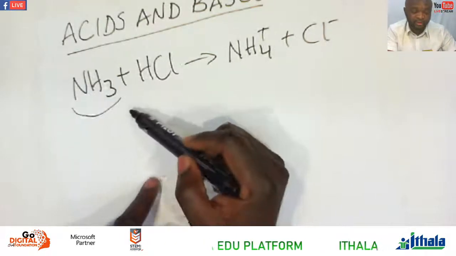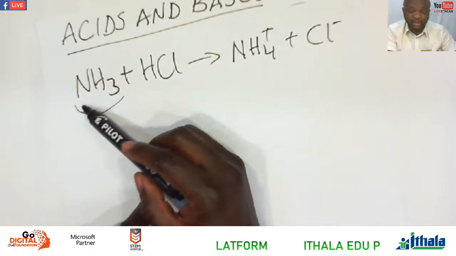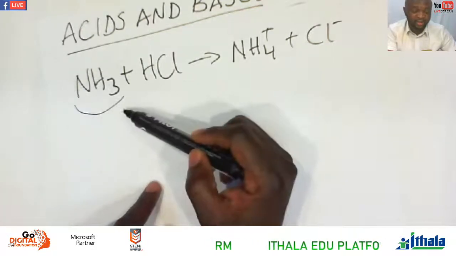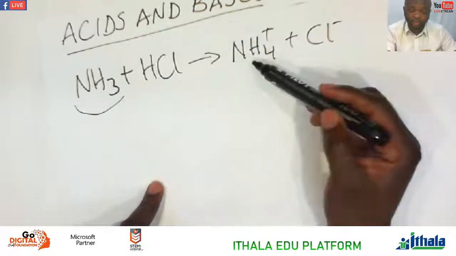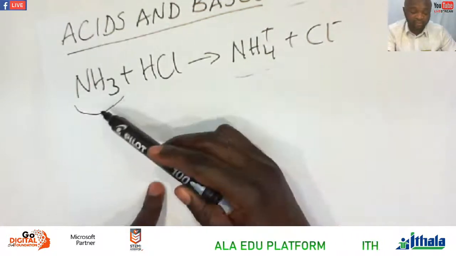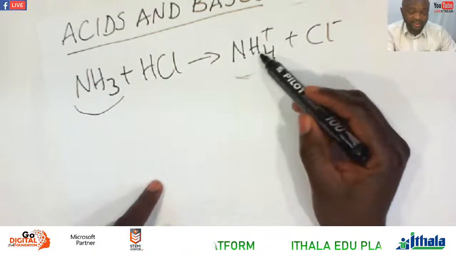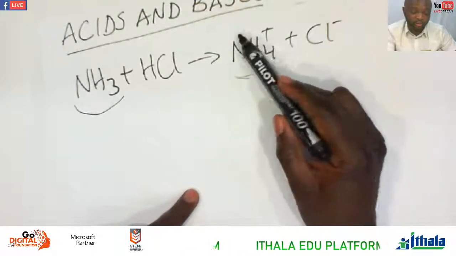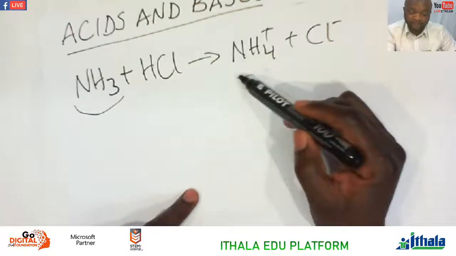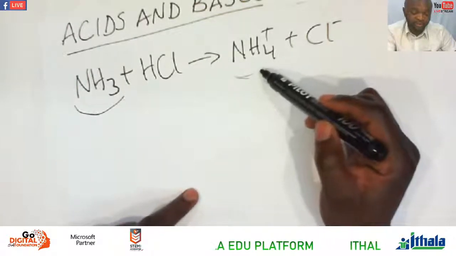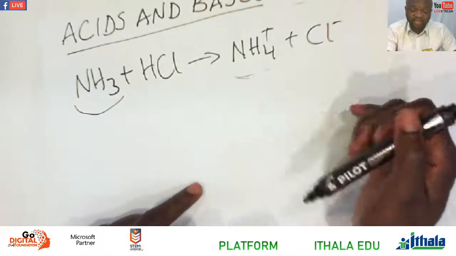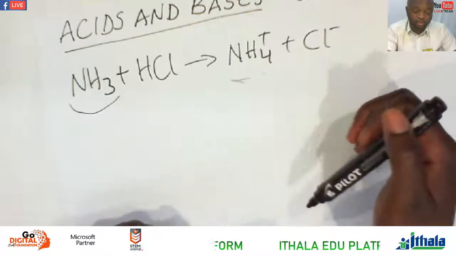A base is a proton acceptor. So how do we see NH3 accepted a proton? Sibona ngama product. Begu NH3 manje sekuyi-NH4 kusho ukuthi there is an extra hydrogen. Kusho ukuthi lo NH3 wamukele hydrogen. That makes it to be what? A base according to Lowry-Bronsted.